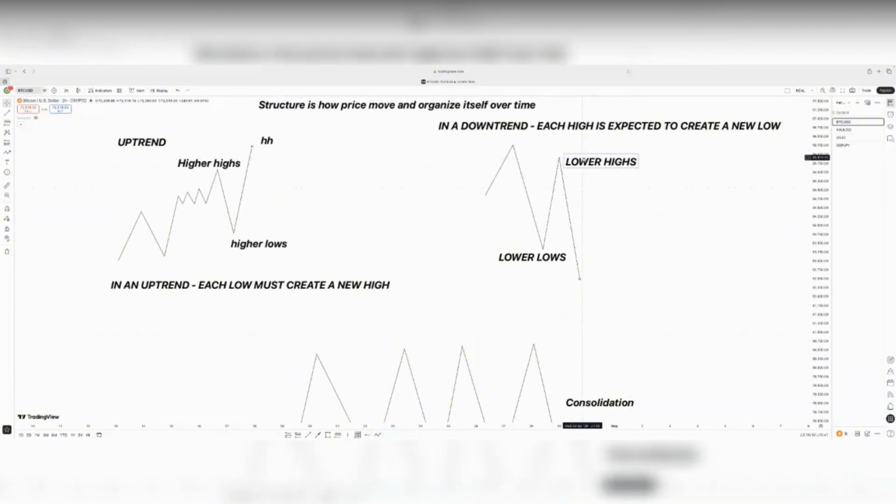But when you see price creating a lower low and lower high, you know that is a downtrend. When you see price creating a higher low and higher high, you know that is an uptrend.